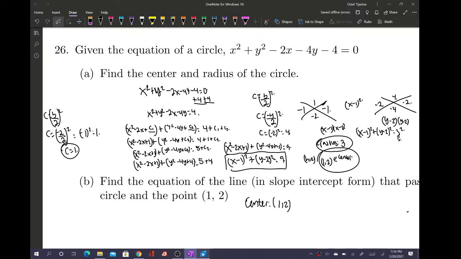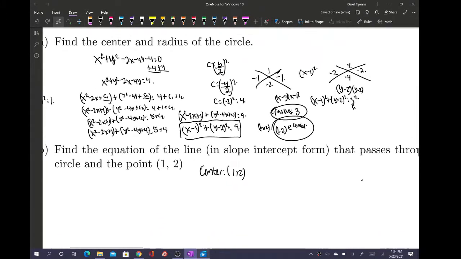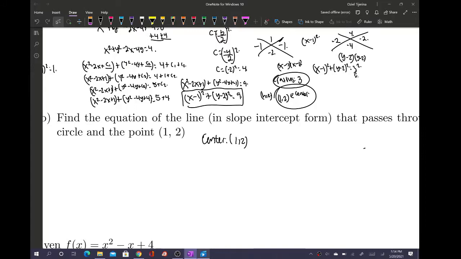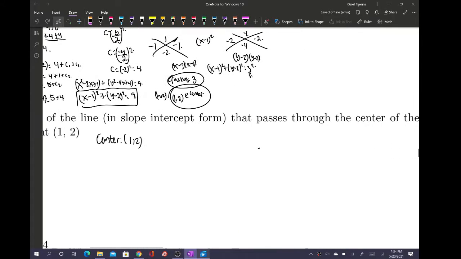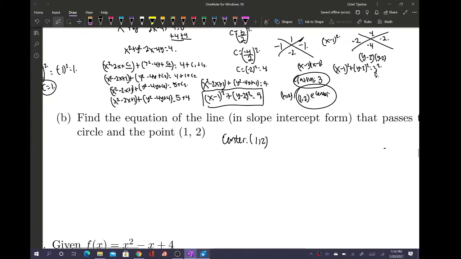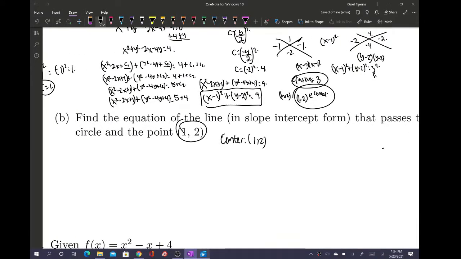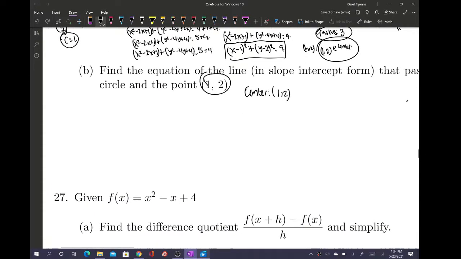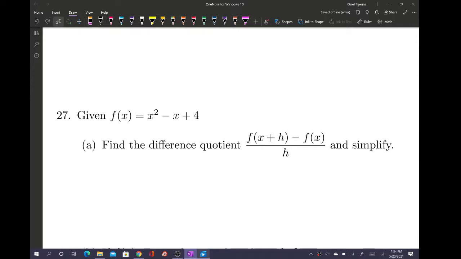So the center is (1, 2) and the radius is 3. And then it's saying to find the equation of the line in slope-intercept form that passes through the center of the circle and the point (1, 2). But the point (1, 2), that's the thing, it's the center of the circle. So this one's kind of weird. I'm not sure about this one.